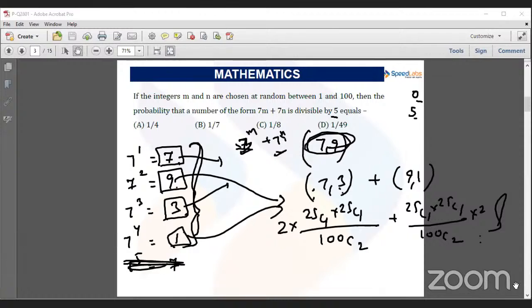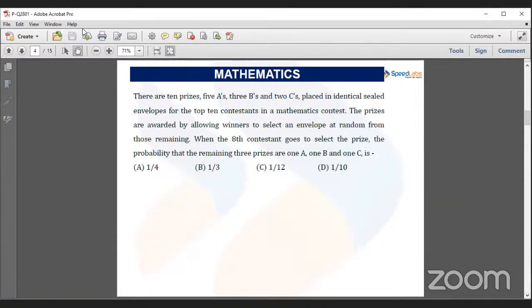Okay, next one. There are 10 prizes, 5 A's, 3 B's, and 2 C's placed in identical sealed envelopes for the top 10 contestants in a mathematics contest. The prizes are awarded by allowing winners to select an envelope at random from the remaining.